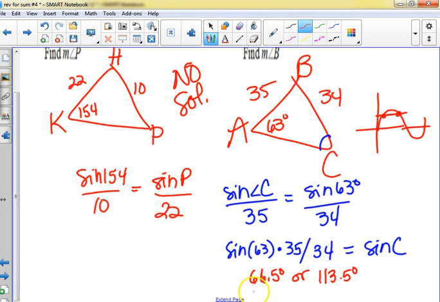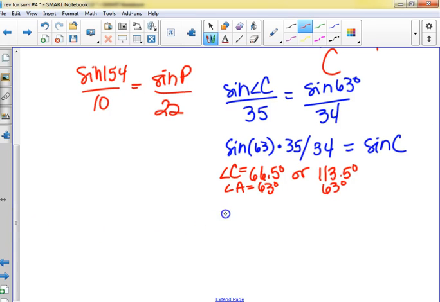Okay, so if this is angle C, and I already know angle A is 63 for sure, then to find angle B, I need to subtract both of those from 180. So it's faster for me to use this.